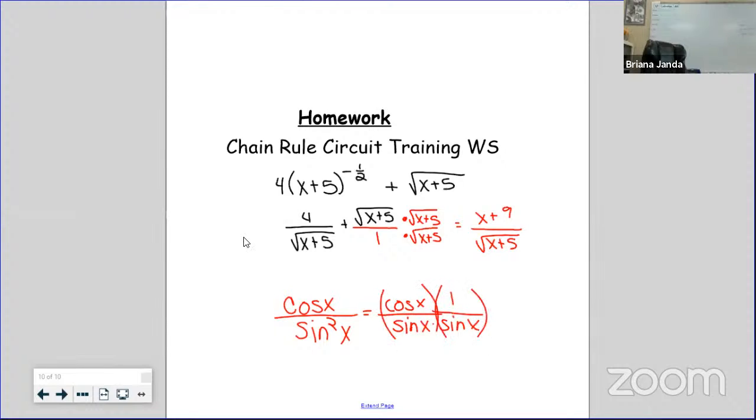Okay, well, those 2 fractions would actually simplify to cosine over sine is cotangent. 1 over sine is cosecant. And now it's a product rule problem instead of a quotient rule problem, and way easier to do and way easier to clean up. Okay, so this is the very last one. Go ahead and change it to cotangent and cosecant, or it's going to be super hard to do.